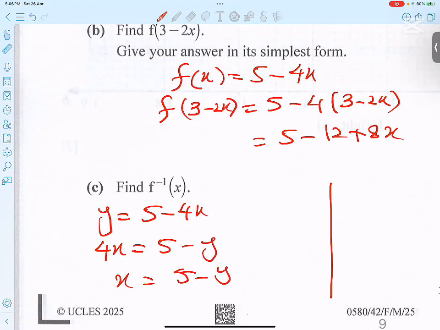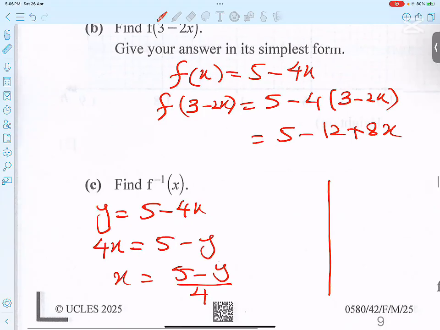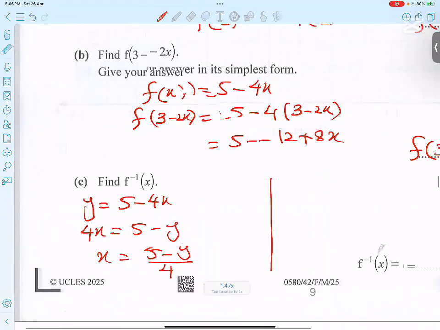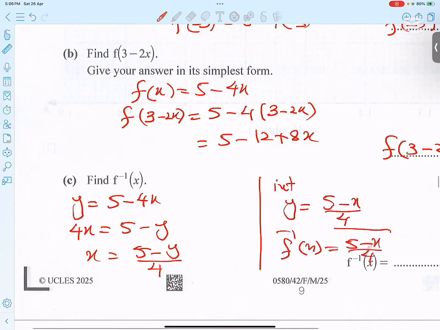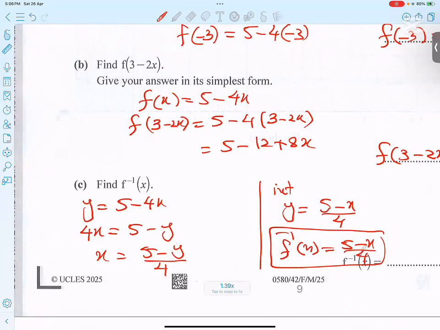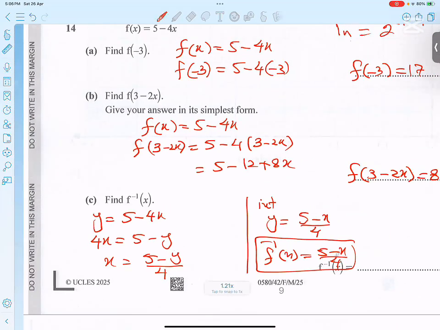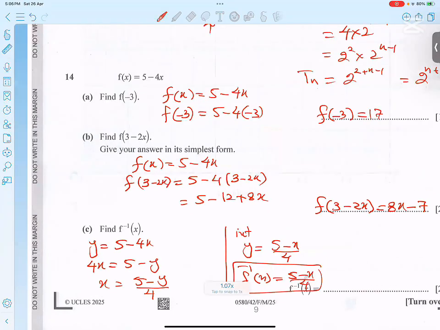When 4 divides, we get this. Now interchanging, every x becomes y and every y becomes x. And this is called f inverse of x. I hope the point is very clear. 5 minus x over 4, and the question is completely finished.